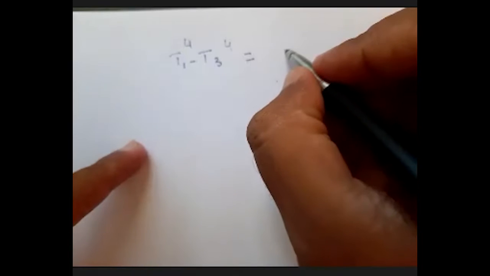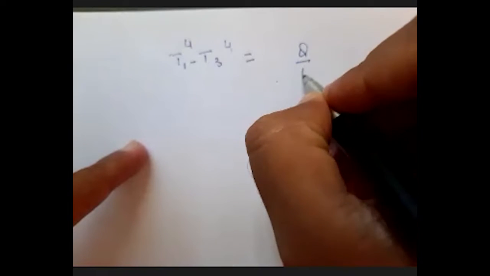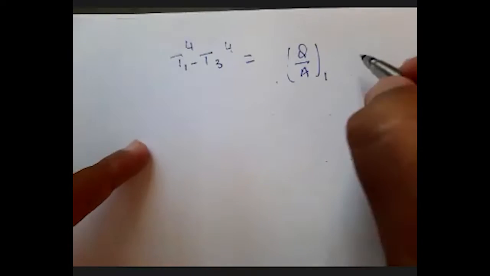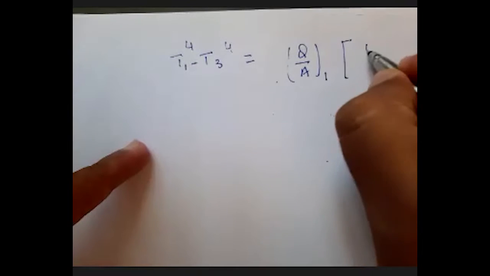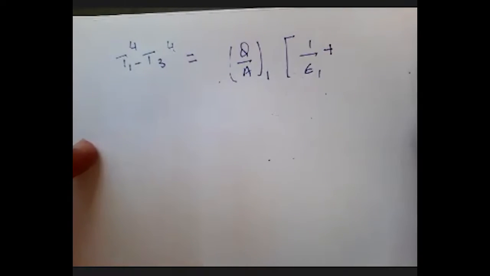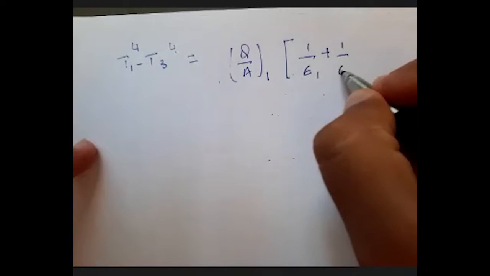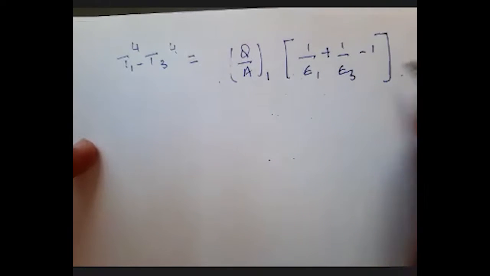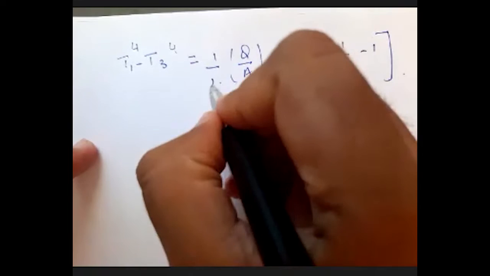So the first equation is T1 raised to 4 minus T3 raised to 4 equal to Q by A of 1 multiplied by (1 upon epsilon 1 plus 1 upon epsilon 3 minus 1) into 1 by sigma.